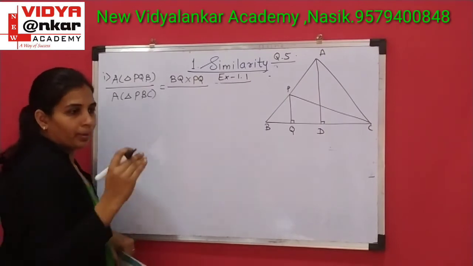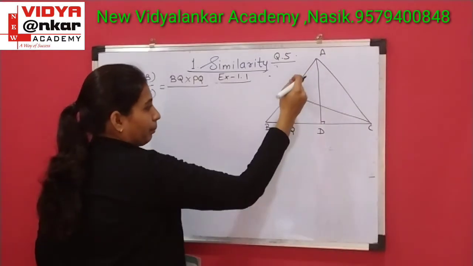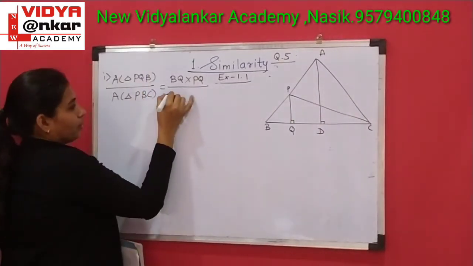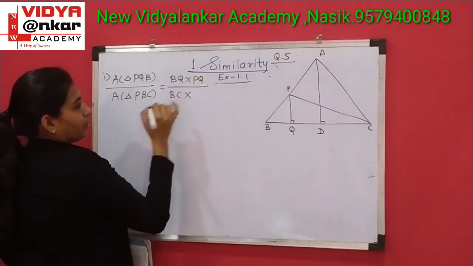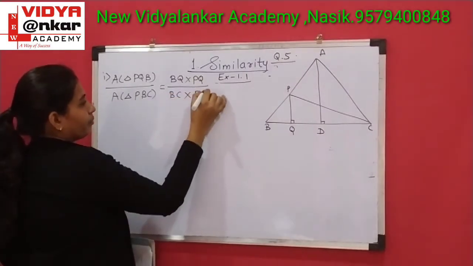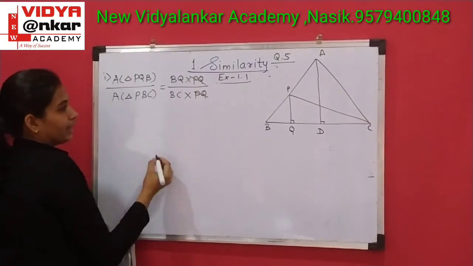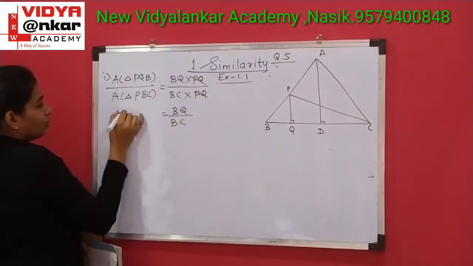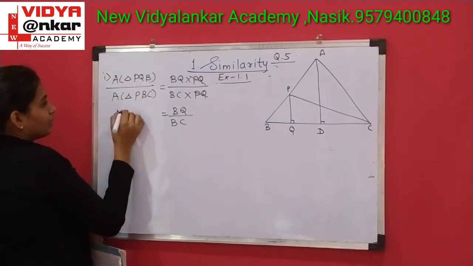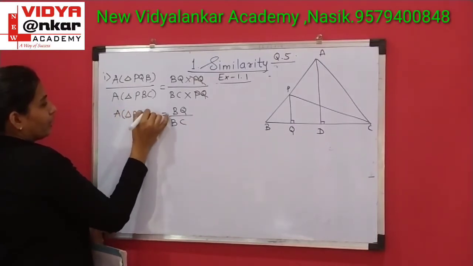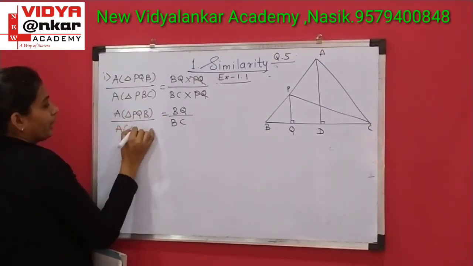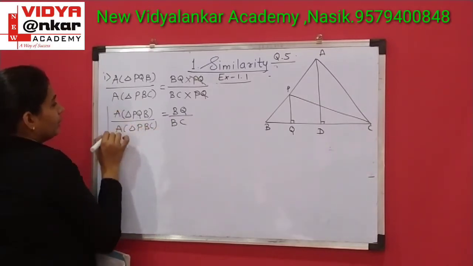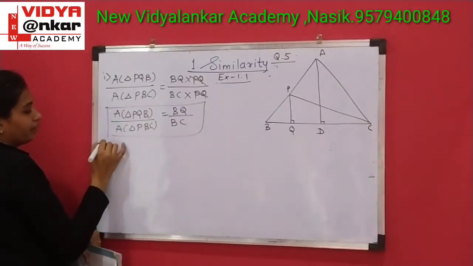For triangle PBC, the base is BC and the height is PQ. PQ will get cancelled. We will get BQ upon BC. So the first answer is BQ upon BC.